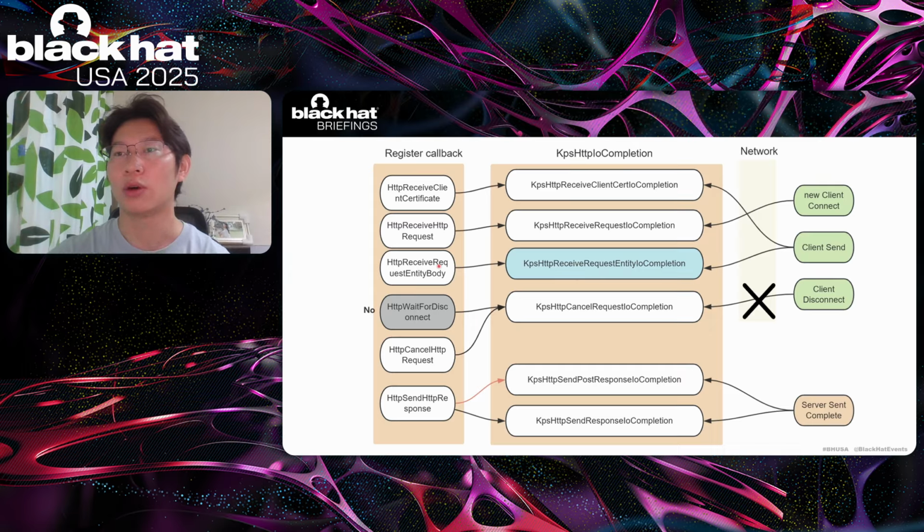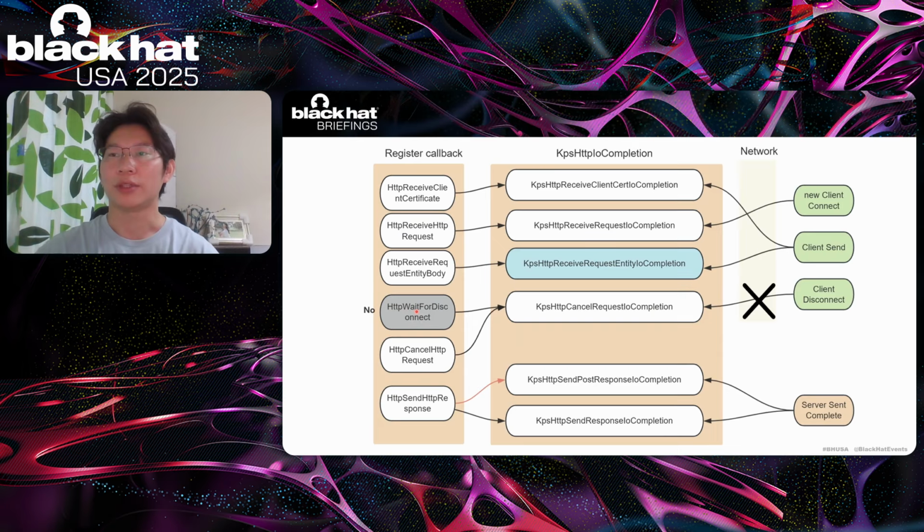Then the server calls HTTP receive request entity body to await the client's message. If the client sends a message, it activates the KPS receive request entity IO completion function, which continues processing the client's message.